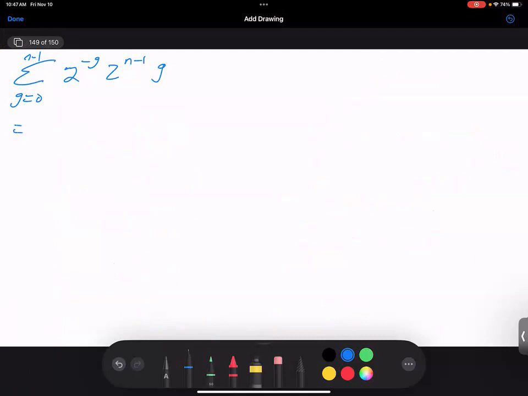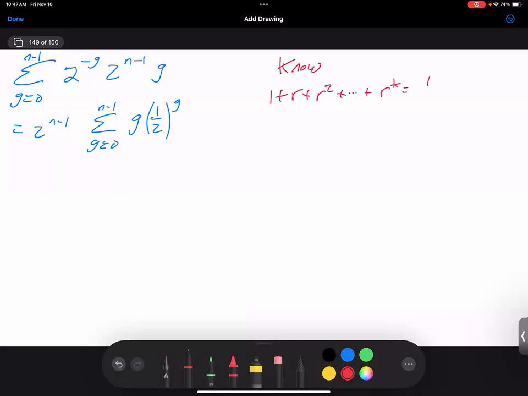So this is, of course, just going to be 2 to the n minus 1 times the sum, g goes from 0 to n minus 1, of g times 1/2 to the g. And we know that 1 plus r plus r squared plus ... plus r to the k is 1 minus r to the k plus 1 over 1 minus r.